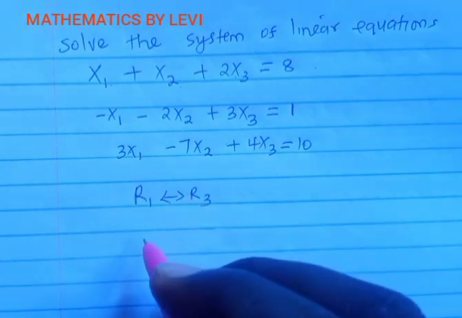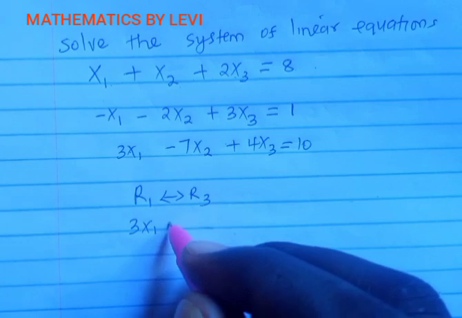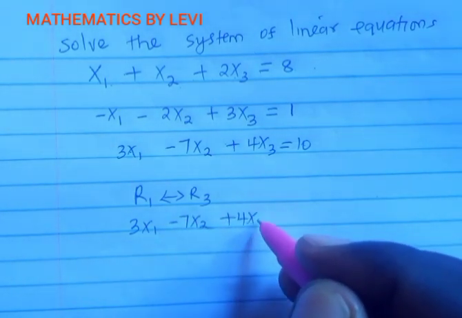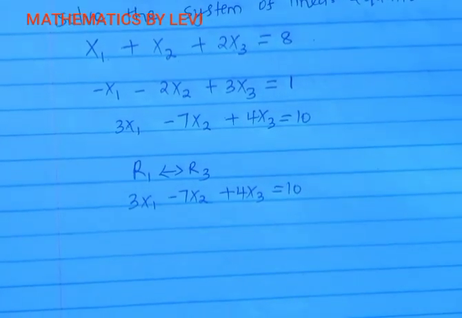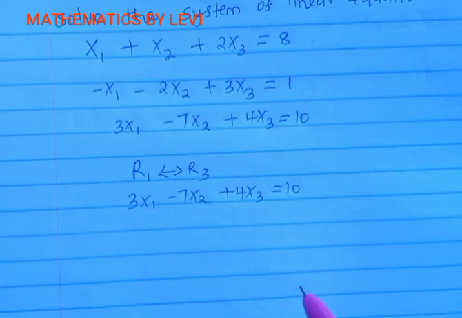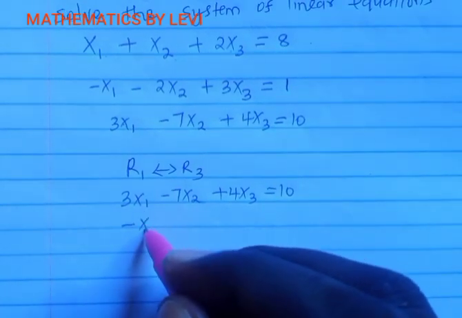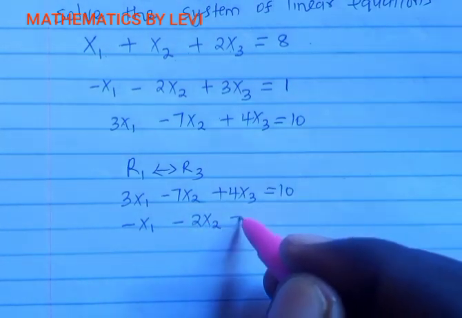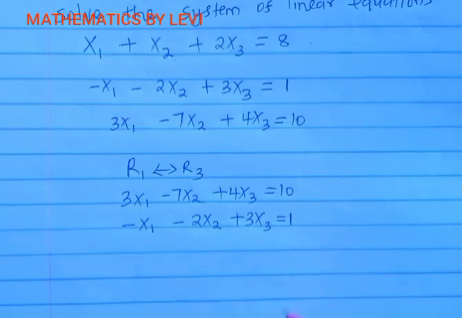Whereby we shall have our first equation as 3x1 minus 7x2 plus 4x3 equals 10. Then our second equation remains the way it is, that is negative x1 minus 2x2 plus 3x3 equals 1.